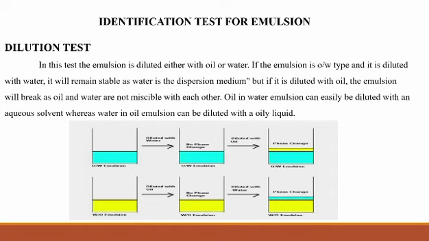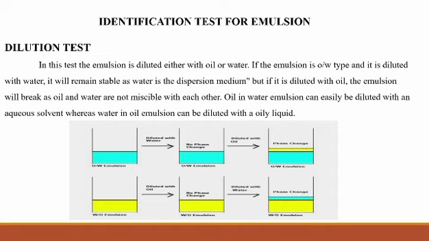Next, to predict the shelf life and stability, we have to identify the types of emulsions, and also to identify the storage and packing conditions, and also to achieve the proper therapeutic actions. These are some of the reasons why identifying the types of emulsion is very important.